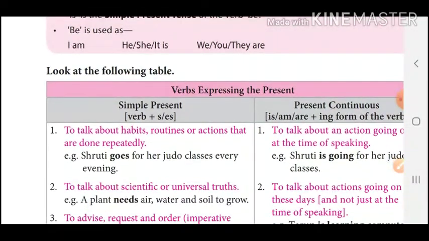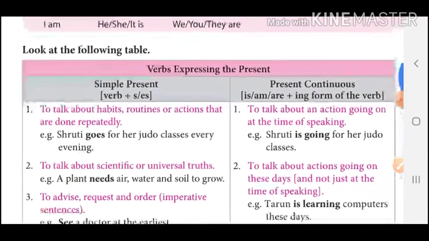Now look at the following table and try to understand verbs expressing the present. The two tenses given here are simple present and present continuous tense. First, simple present tense. As you are very much aware, the structure of simple present tense is V1 plus S or ES.